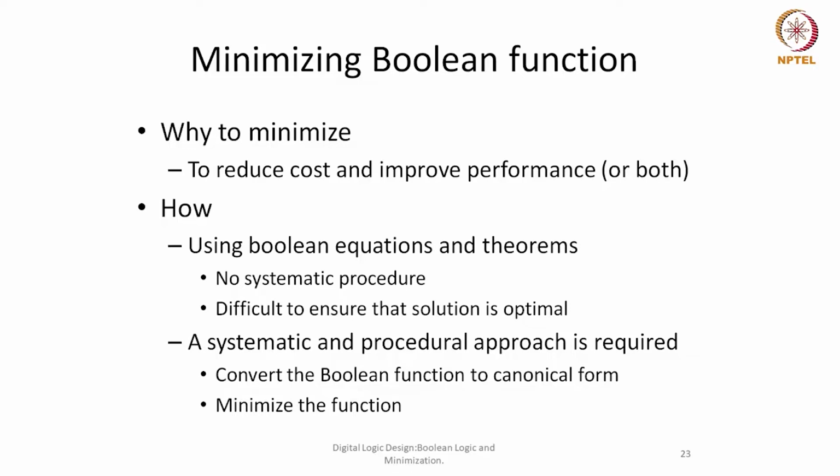Performance means the overall latency, the overall delay of that function, will also reduce. With that goal, we'll first try to see the systematic approach. In the systematic approach, first we will understand what a canonical or standard form is.